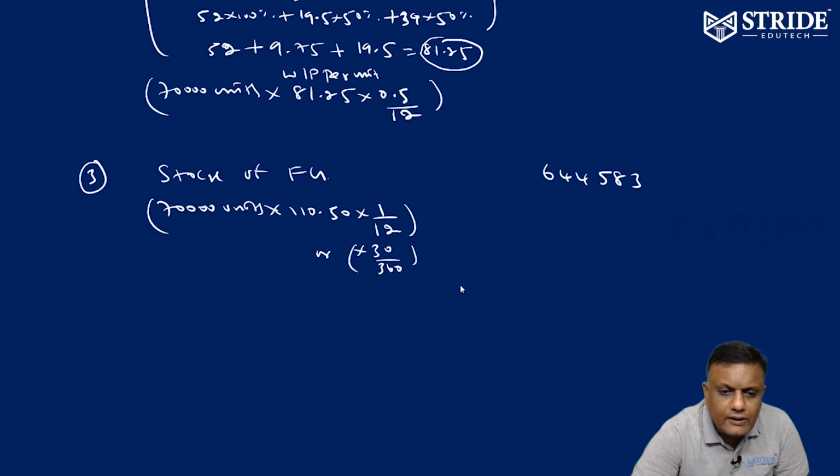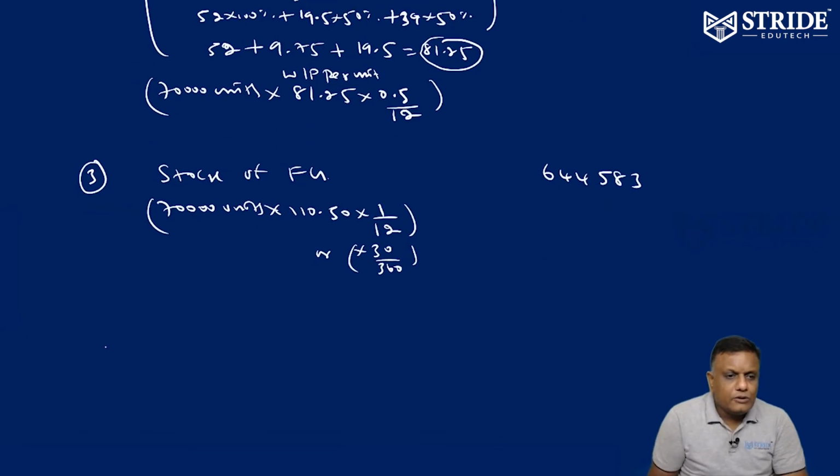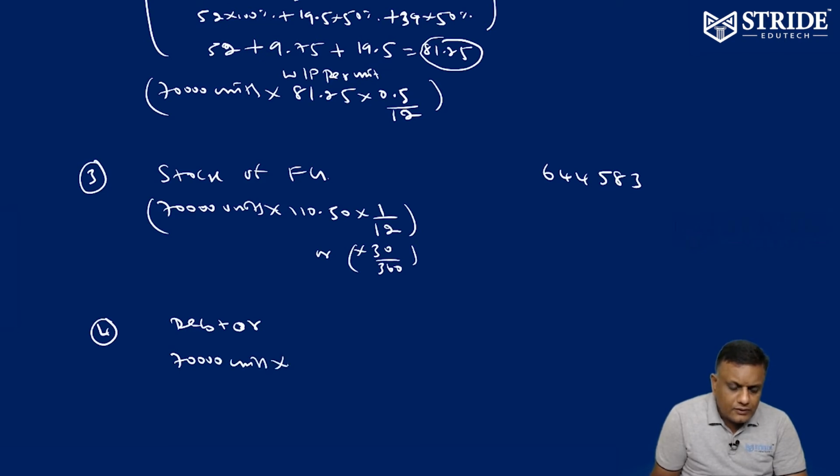Next, number 4, debtor. So debtor, 70,000 units into... there are two approaches. One is the cash cost approach, where cost you can take.